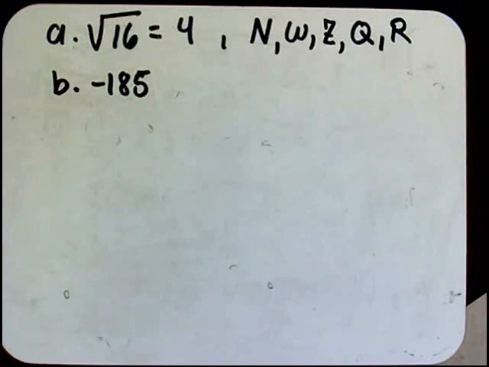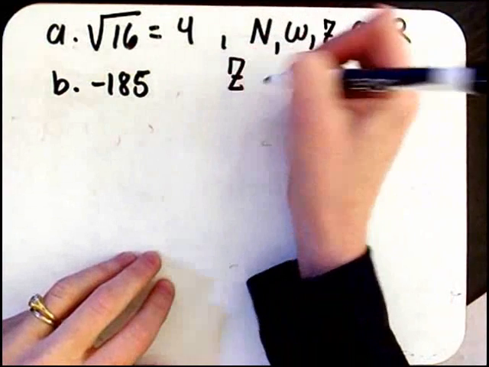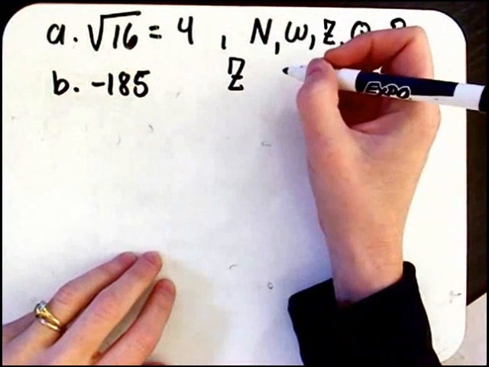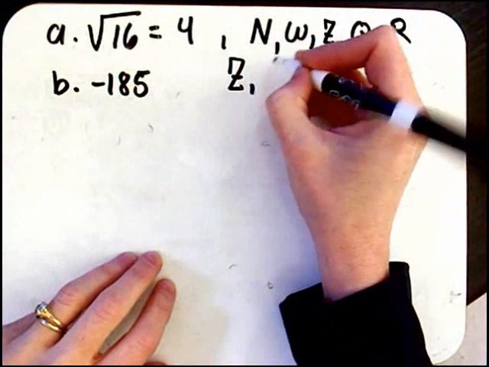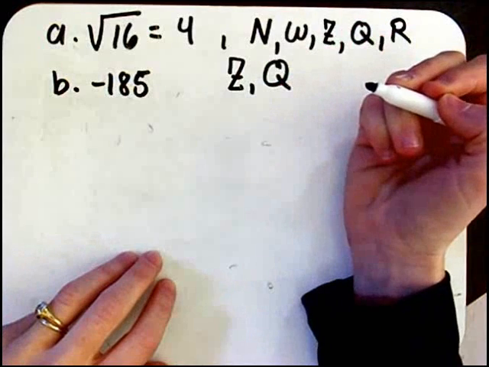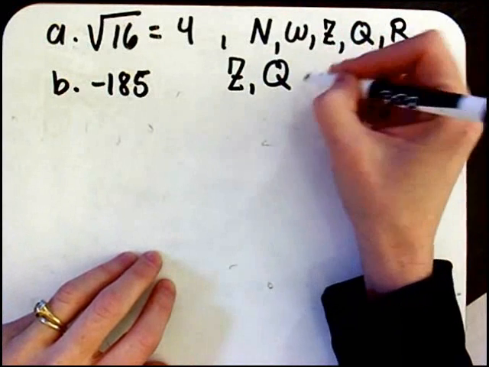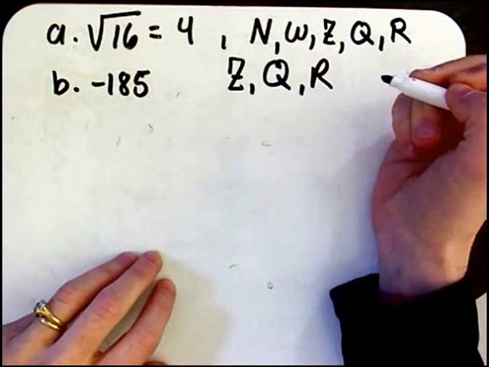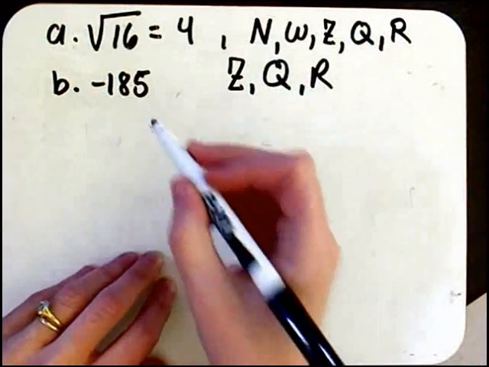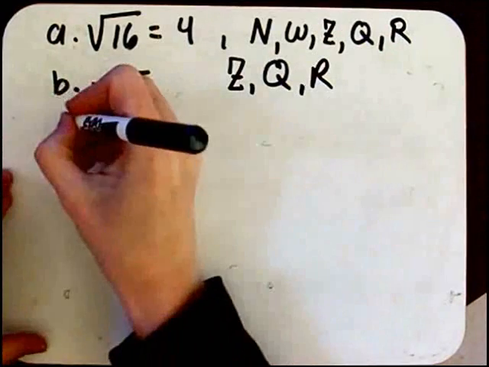It can be written as n over 1, but it's a negative number, so we can start with it being an integer. An integer falls under rationals. So we say it's an integer, which I'm labeling as Z, and then I'm labeling it as Q because it's a rational number, and an R because it is a real number. So negative 185 is an integer, a rational, and a real number.